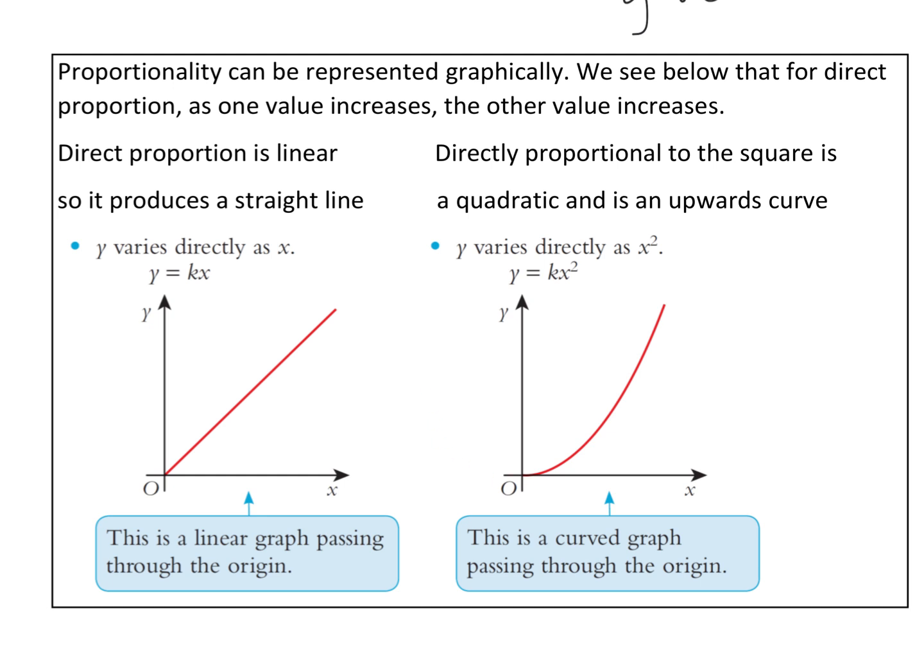So this is a curved graph passing through the origin. You have to be able to identify those graphs and spot, oh, that's directly proportional to the square, that's directly proportional, and as you go into M8, you'll have to distinguish between those and other graphs.